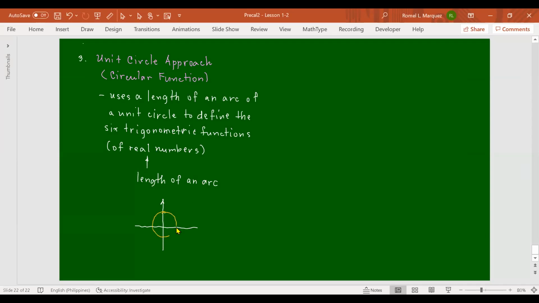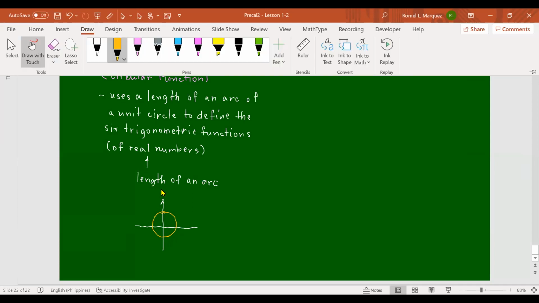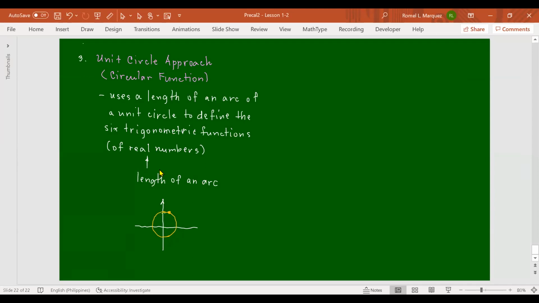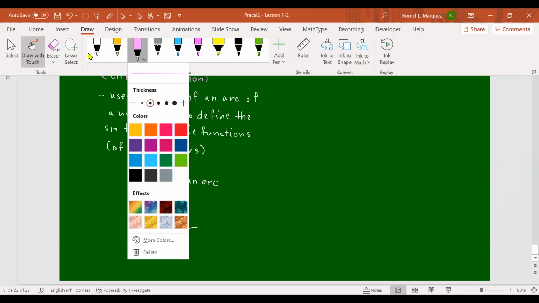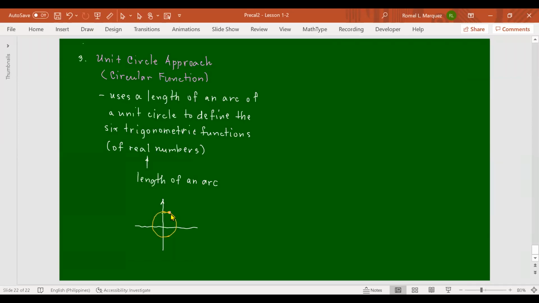Assume this is a circle. Not nice. So we have this. And let's say we have a point on the unit circle, and another point, a point here and another point here.